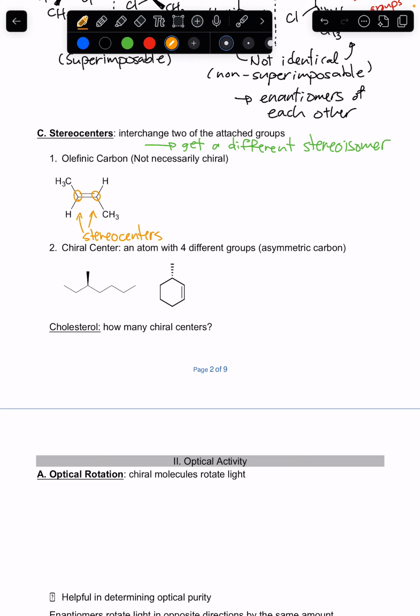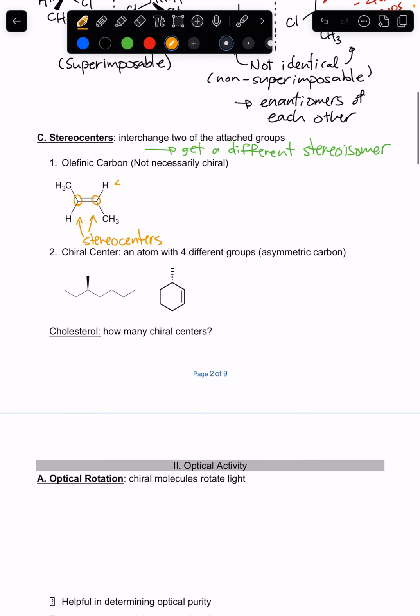How do I know that? Because if you interchange these 2 attached groups, just on one side, you will get this molecule, and these two are not identical.